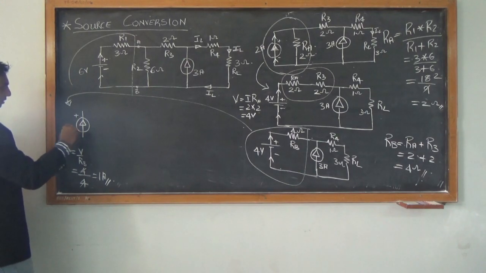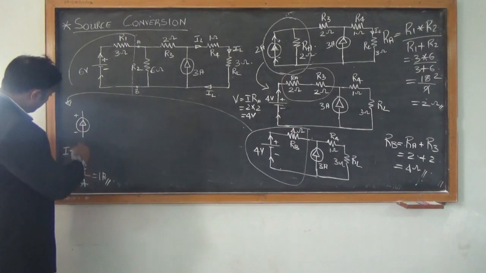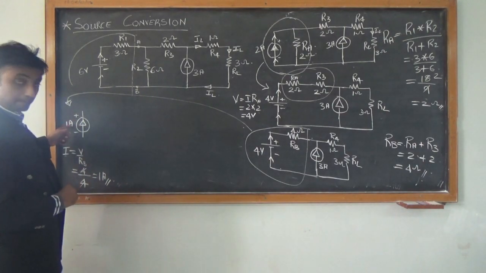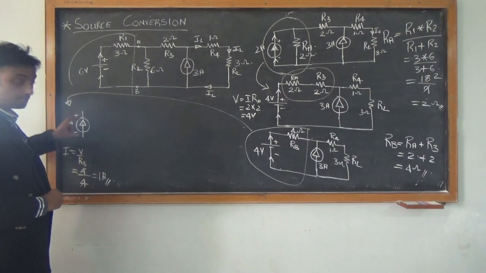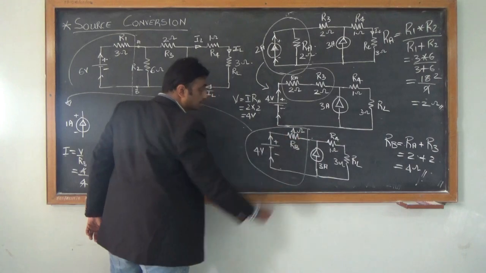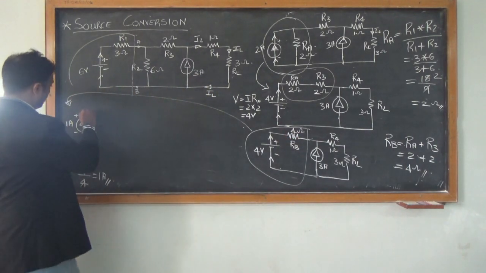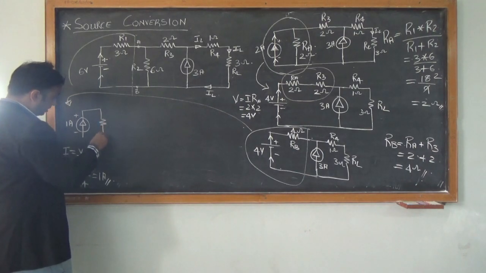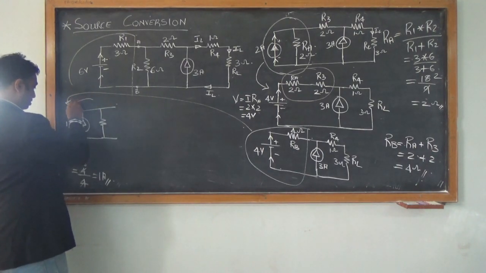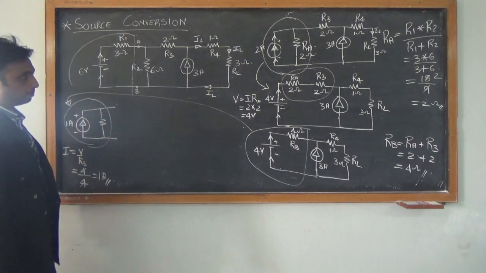So this will be positive, this will be negative. Now putting the 1 amp here. So I have 1 amp of current flowing in this current source. Now whatever resistance is in series with the voltage source becomes in parallel with the current source. So this is basically my conversion what I have performed.